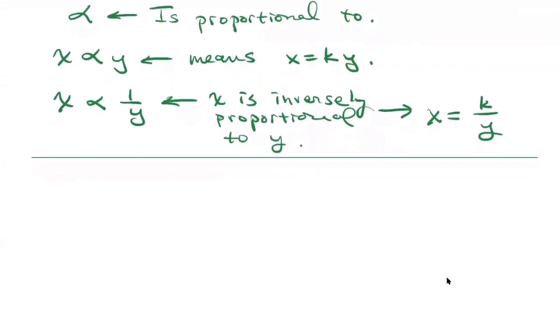So the inverse square fields, these would be electric and gravitational fields.